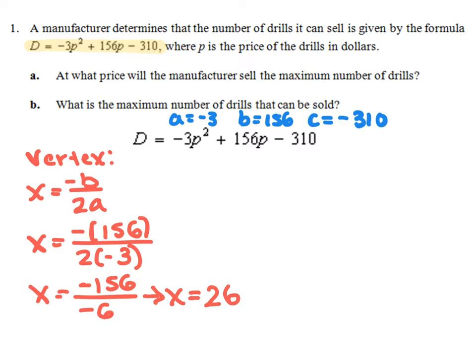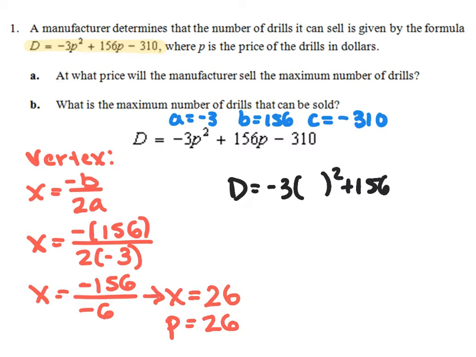And if you divide that in your calculator, you would get that x equals 26. Now, in terms of what we have here, our x is really written as p. So we could say that p equals 26. Now we want to plug into the original equation. So it's d equals negative 3 times whatever p is squared plus 156 times p minus 310.